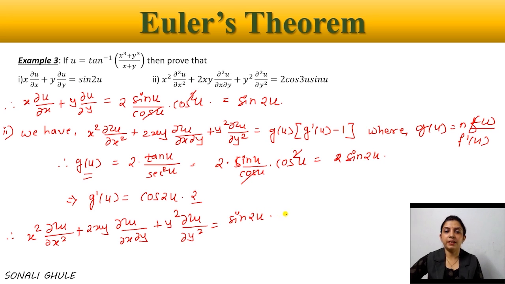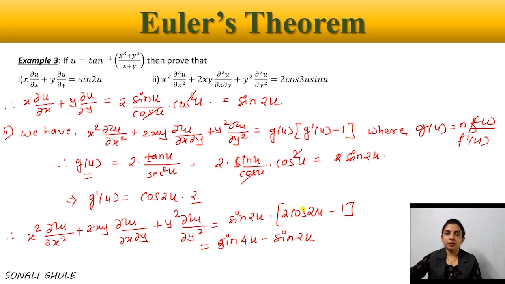Sin 2u into, what is the value for g dash of u? Yes, it is 2 cos 2u minus 1. Now just simplify the term. So that is 2 sin 2u into cos 2u. Can I here write directly the formula? Sin 4u minus sin 2u, because 2 sin 2u cos 2u, 2 sin theta cos theta, that is sin 2 theta.